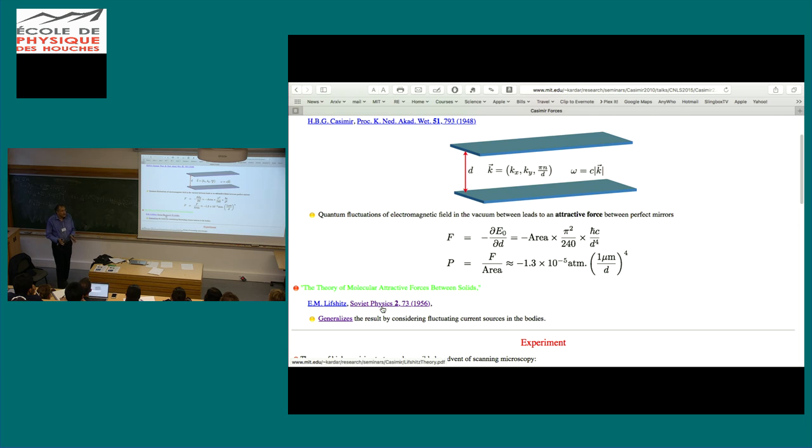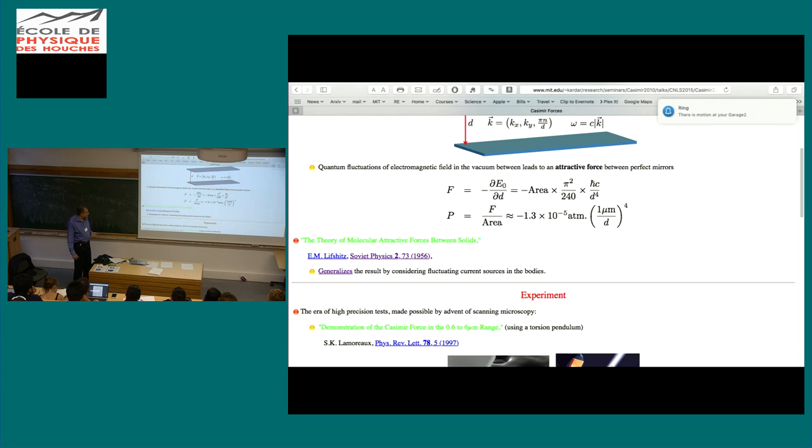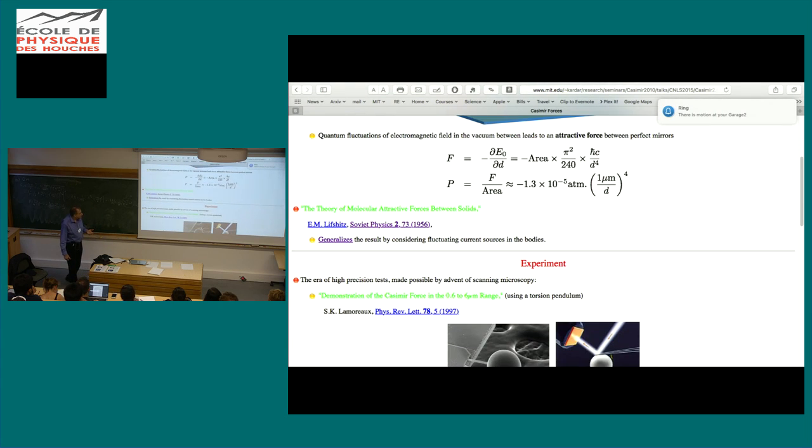For perfect mirrors it will coincide with this, but at the separations experiments typically use, it is of the order of 5–10% different. So part of the reason for the discrepancy is that you don't have an ideal material.